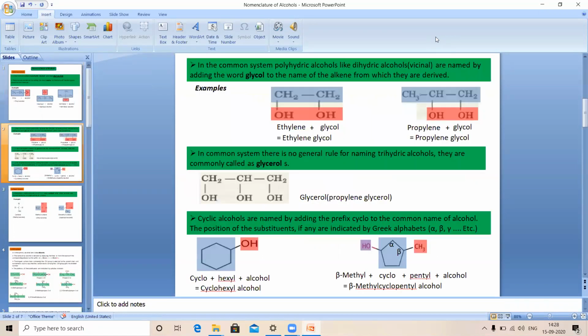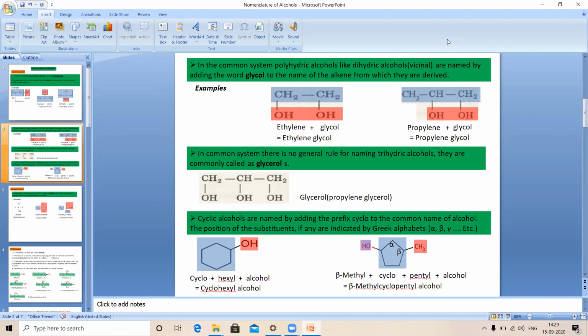In the common system, polyhydric alcohols like dihydric alcohols, which are also called vicinal alcohols, are named by adding the word glycol to the name of the alkene from which they are derived.